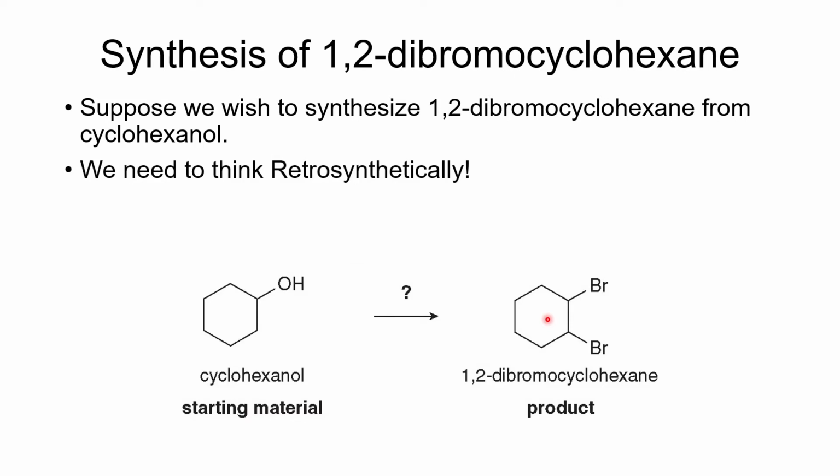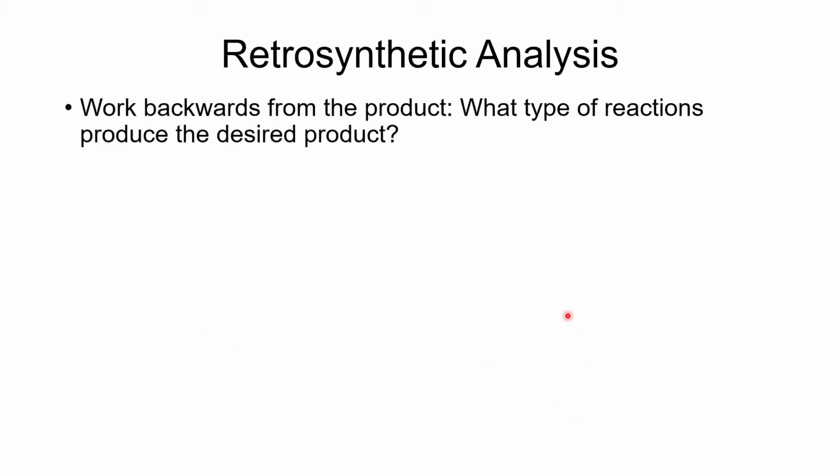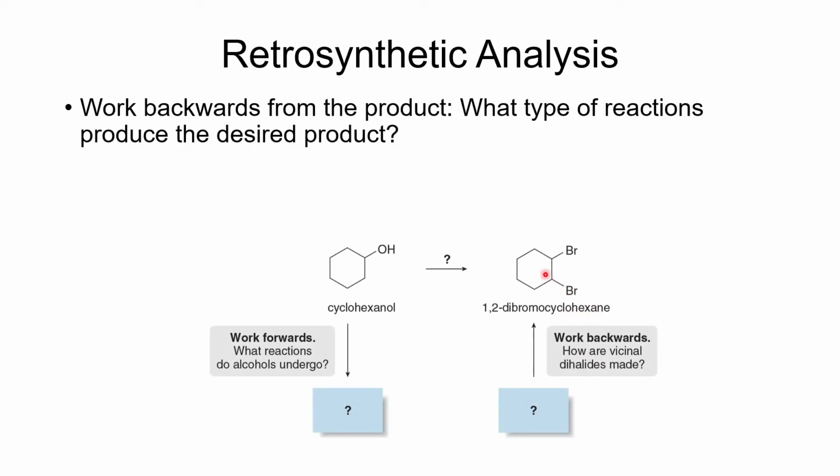All right, so you need to think retrosynthetically. So what I mean by that is think backwards. When you look at this 1,2-dibromocyclohexane, think, what kinds of reactions do I know that will produce a vicinal dihalide? All right, so what kind of compound would I have here that would produce a vicinal dihalide?